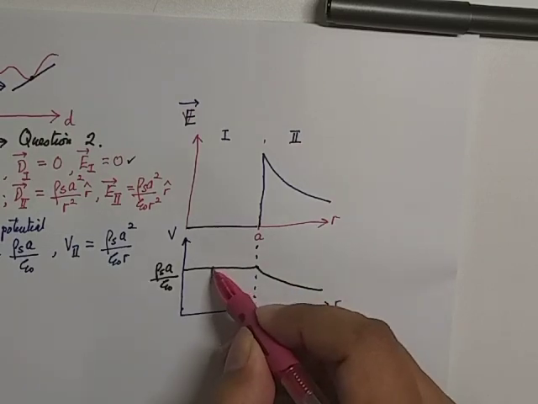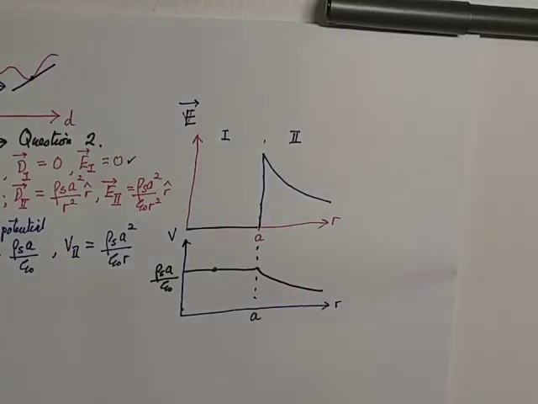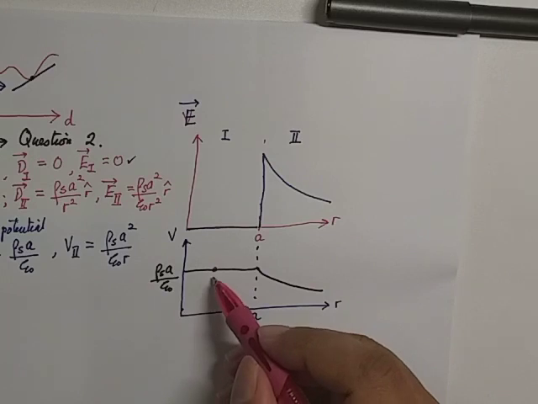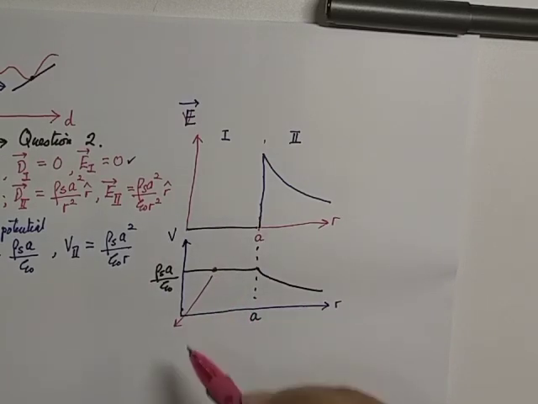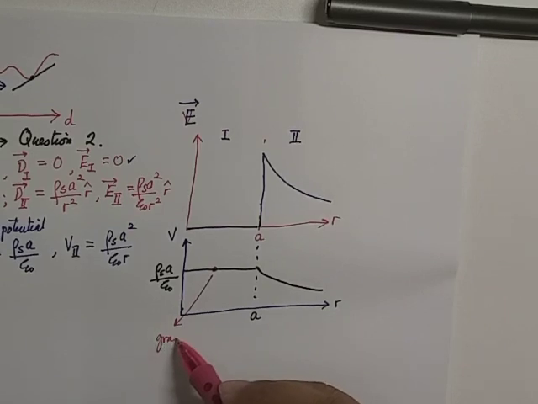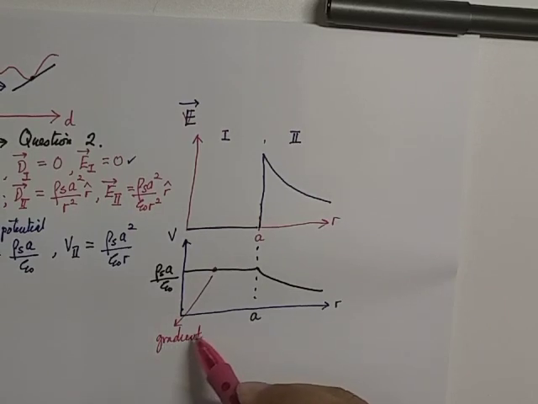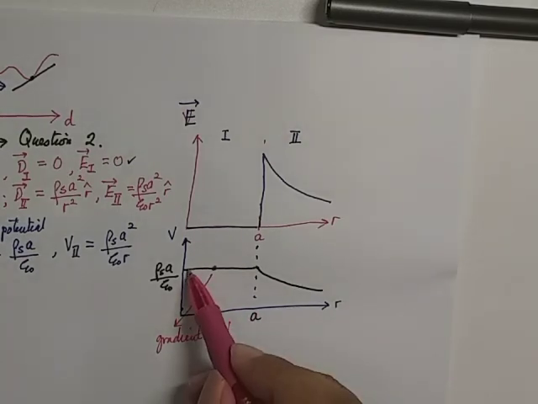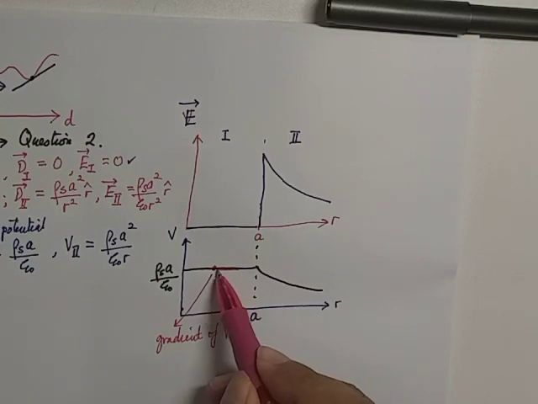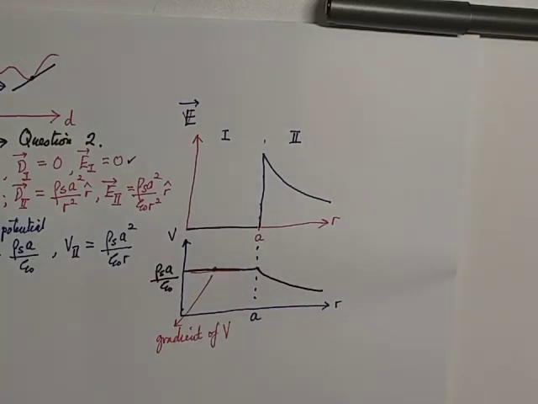At this point, if I ask you what the gradient of V is, what should be the slope value at this particular dot position of the V graph in region number 1?